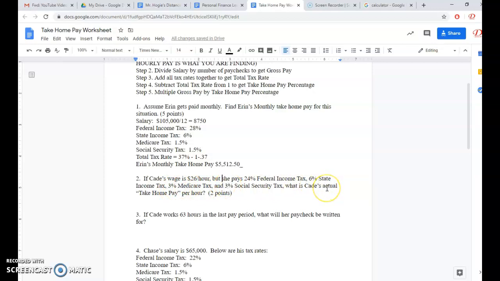What is Kate's actual take home per hour? All right, so we just need to know hourly, right? So we don't even need to divide it by the number of paychecks, right? So we skip step 2 as well.